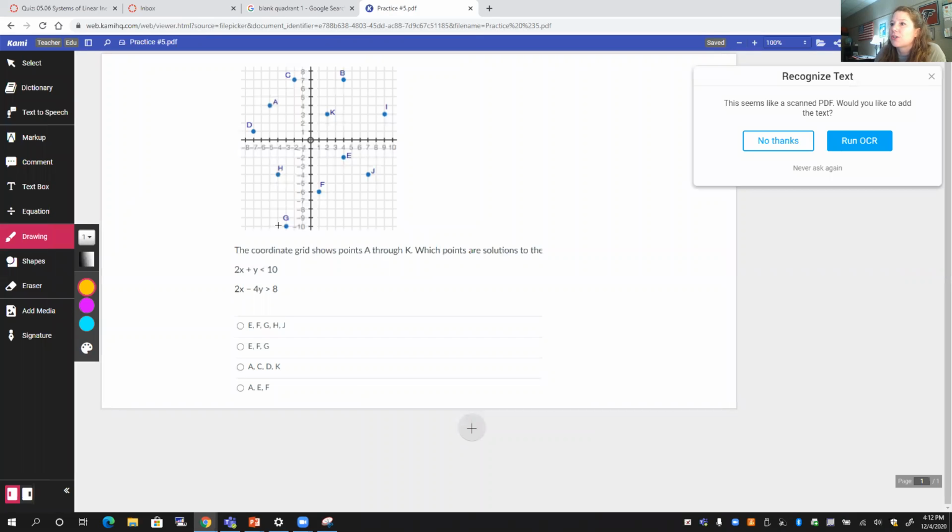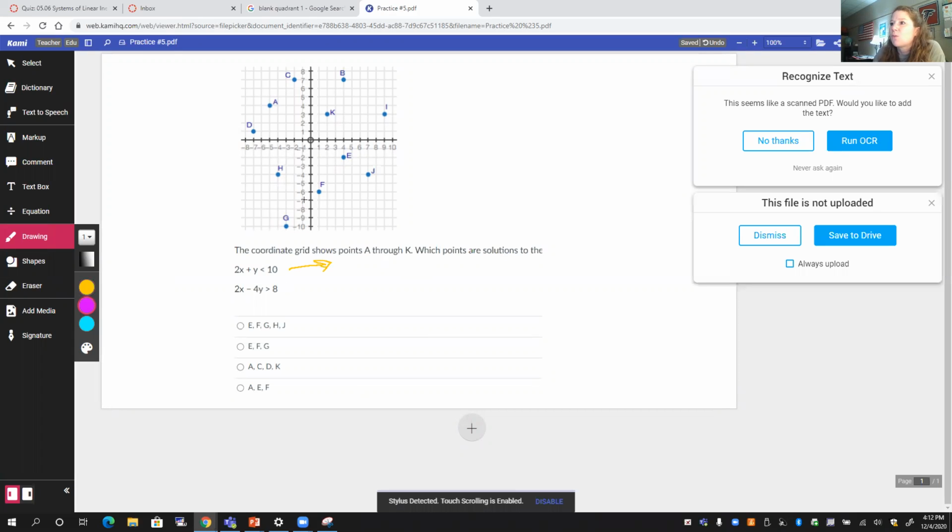So there's my picture. Now I could use my mouse and write directly on my screen, or of course you guys know I use this slate and this pen. The first thing I'm going to do is rewrite this for y. y is less than. I'm going to subtract 2x from both sides.